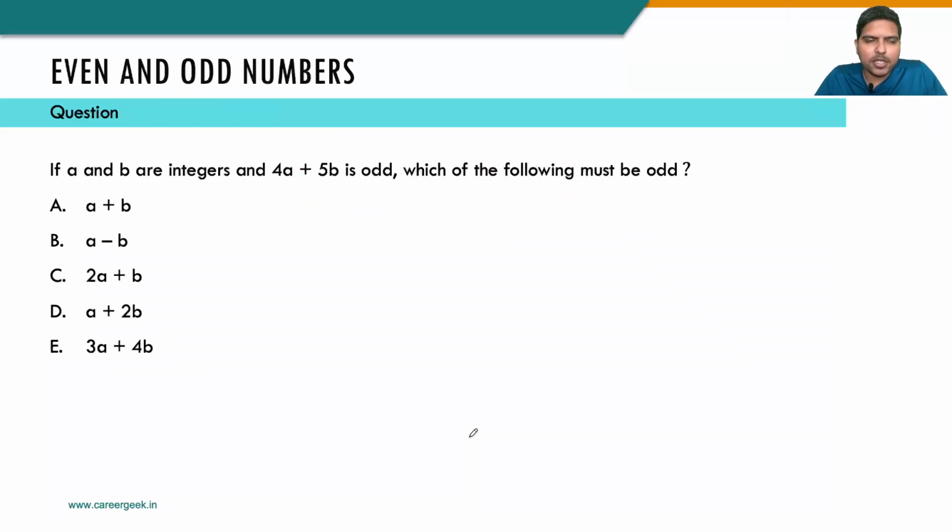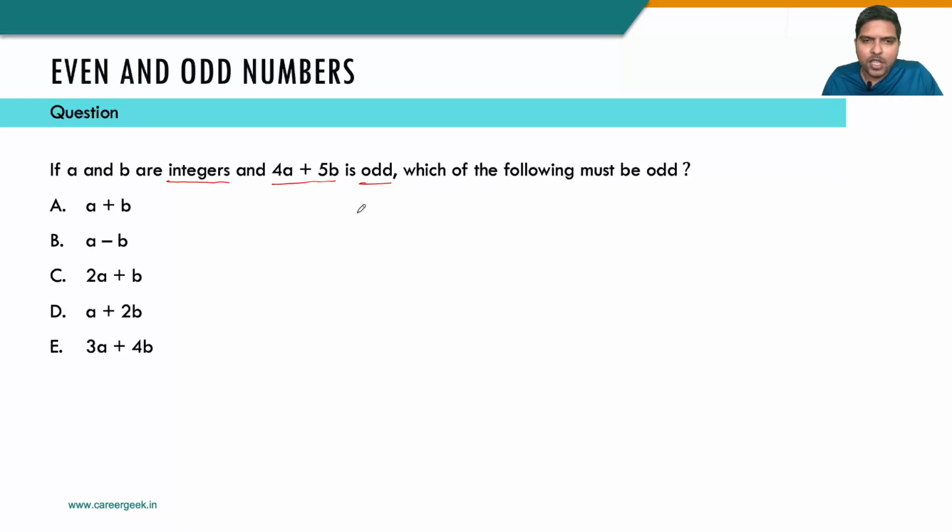We'll solve 2-3 questions on this. First one is if a and b are integers. All of these are important. Whenever you're reading a question, make sure whether it's an integer or not, negative or positive, zero or non-zero, all of these are important. And 4a plus 5b is odd.